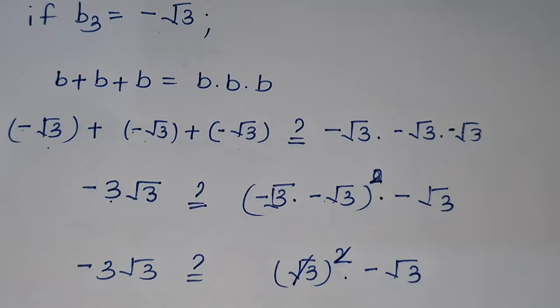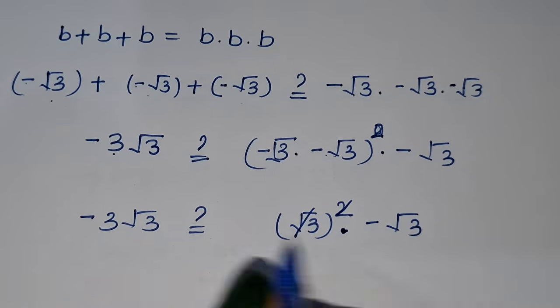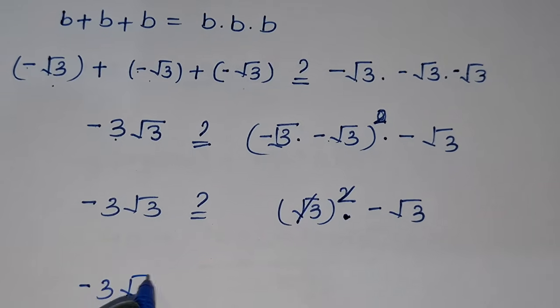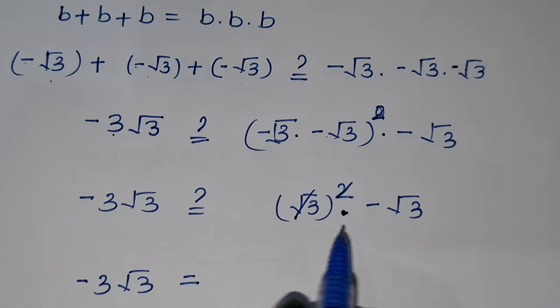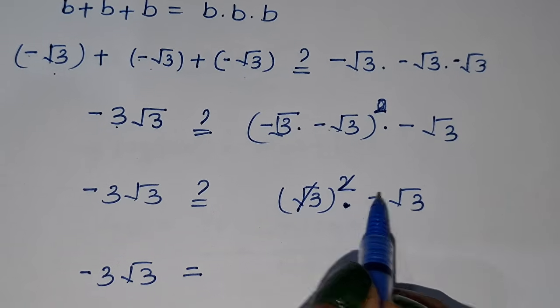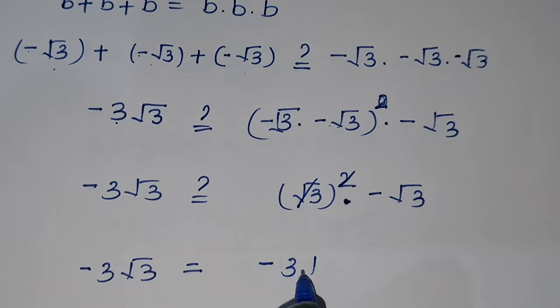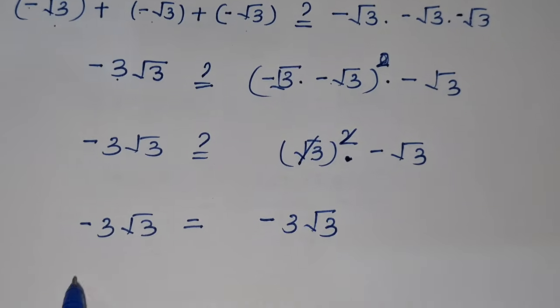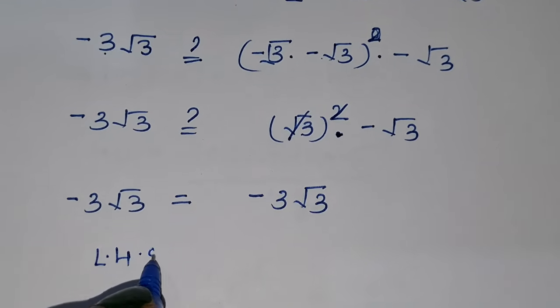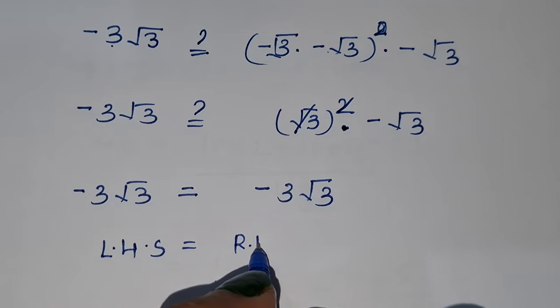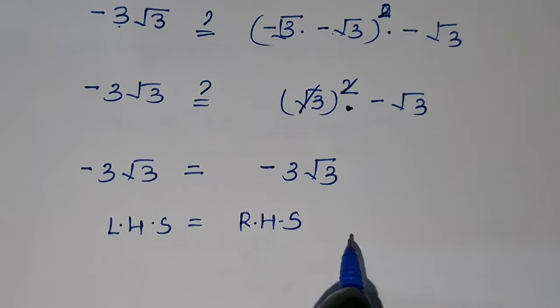The square is cancelled with the square root. This is a multiplication term, so this is 3 and this is minus, so it will become minus 3 square root of 3. So here also we can say LHS is equal to RHS. Left hand side is equal to right hand side.